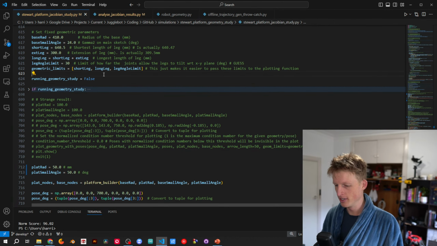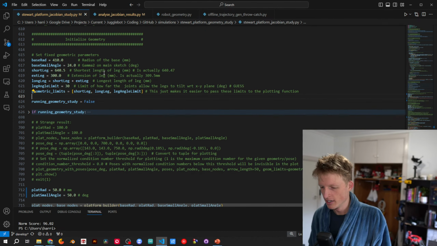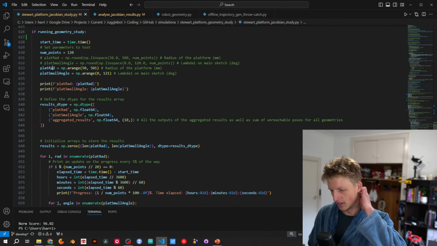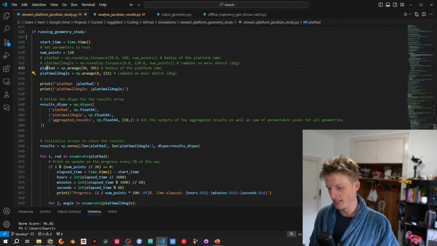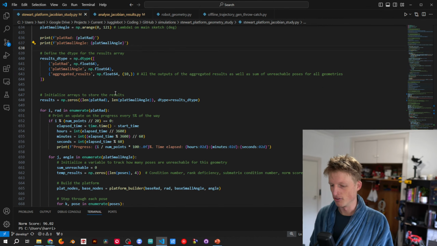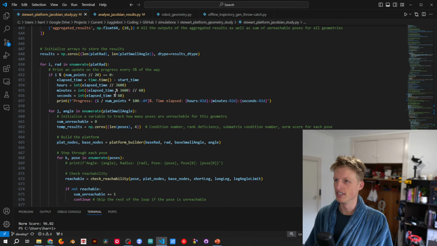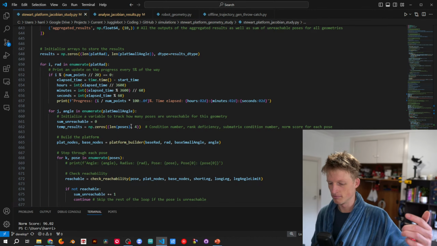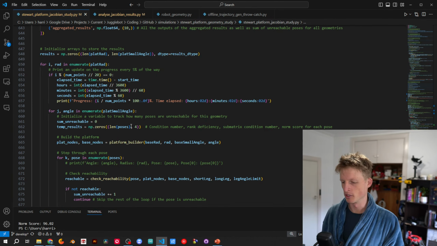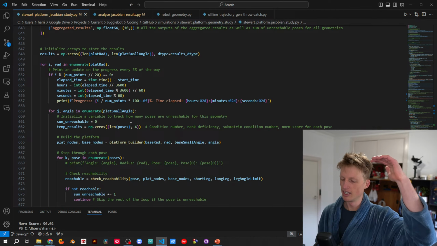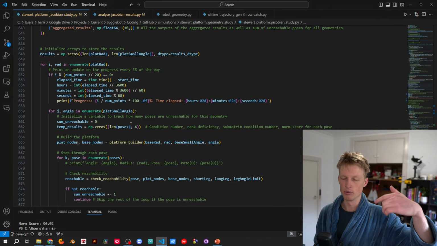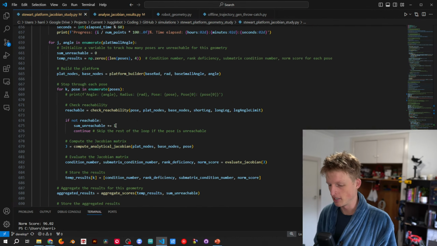If you set this to true, then be prepared to wait a couple hours because it will step through a whole bunch of radii and angles, and for every single combination of these radii and angles, it will run that same process that I just talked about before, where it sees if it's reachable, it sees what the score is, and then it will log that score.